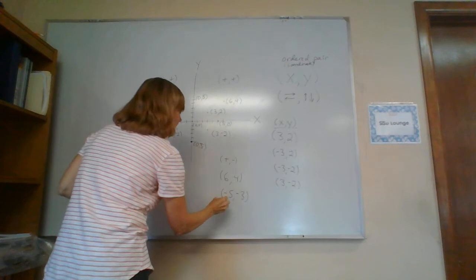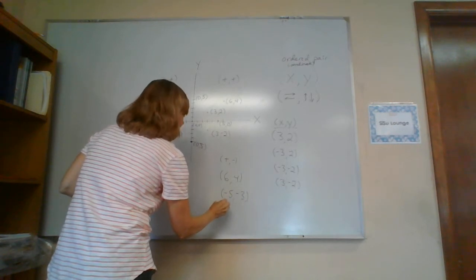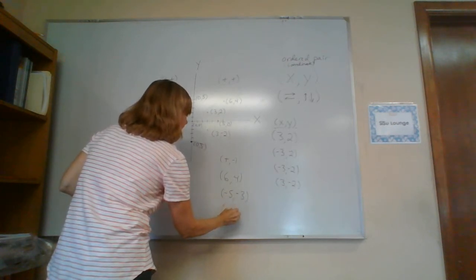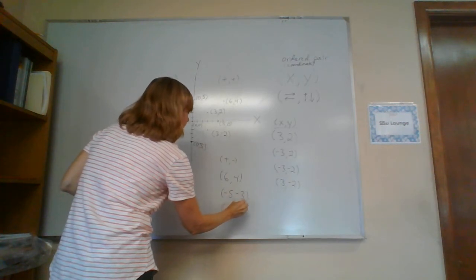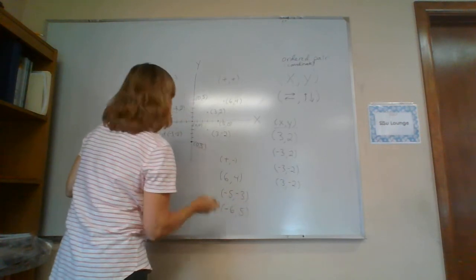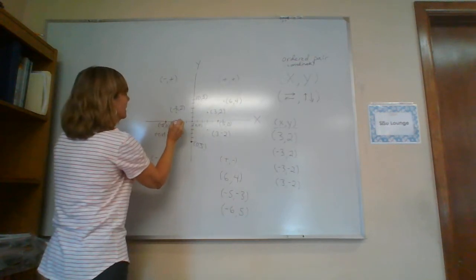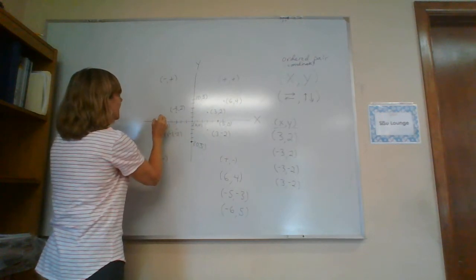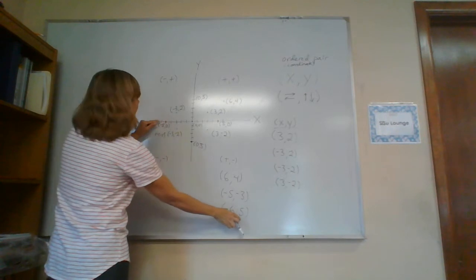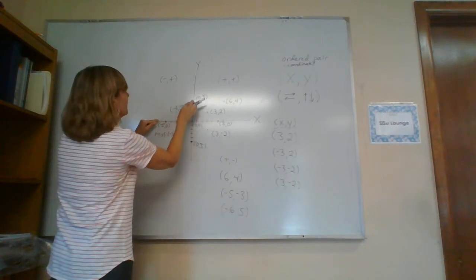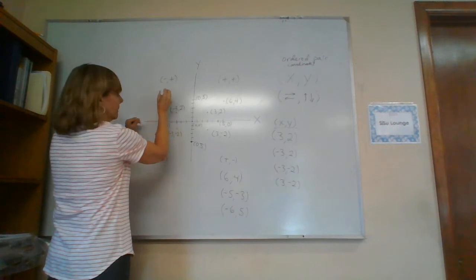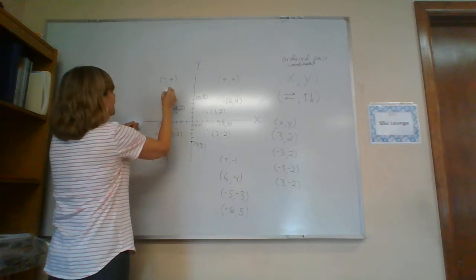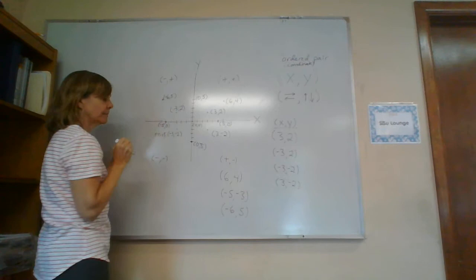Okay, what about negative 6, positive 5? Negative 6, negative 1, negative 2, negative 3, negative 4, negative 5, negative 6, but positive 5. 1, 2, 3, 4, 5. So that would be negative 6 and positive 5.